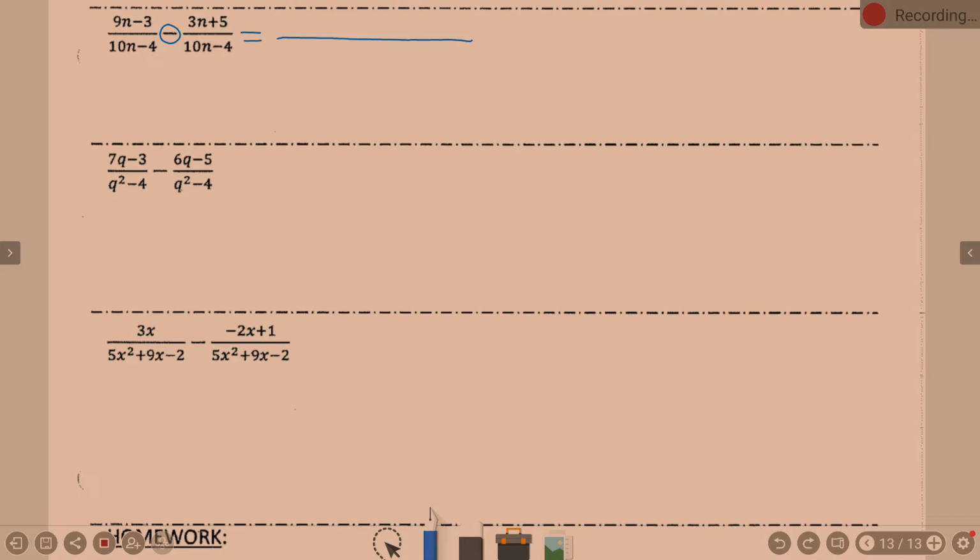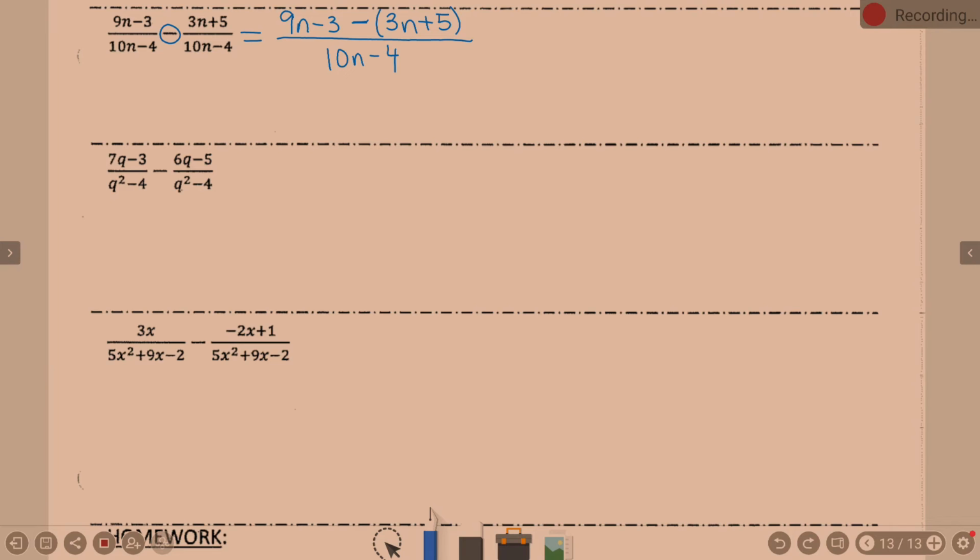We know our common denominator is going to be 10n minus 4. On top, it's 9n minus 3, and then realize we are subtracting the whole second fraction. So you are subtracting the quantity 3n plus 5, which is why I wrote it in parentheses.